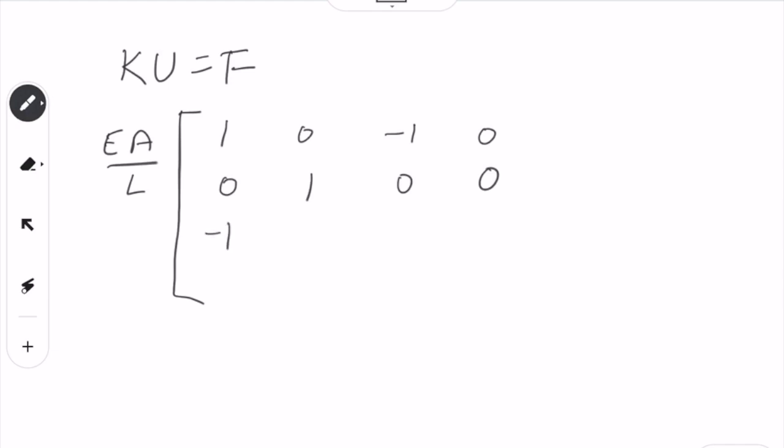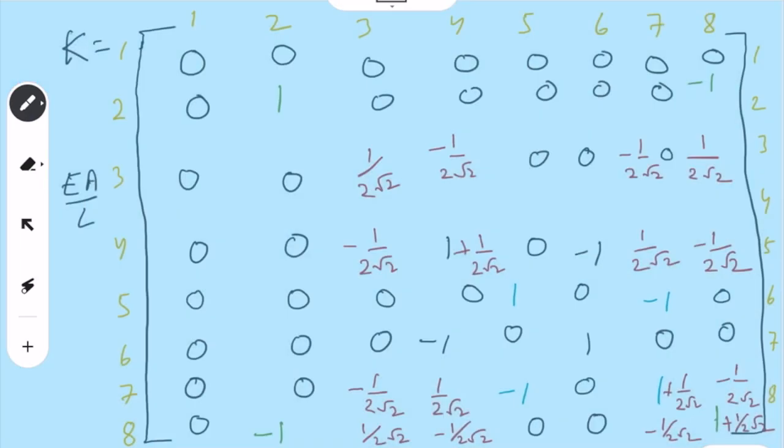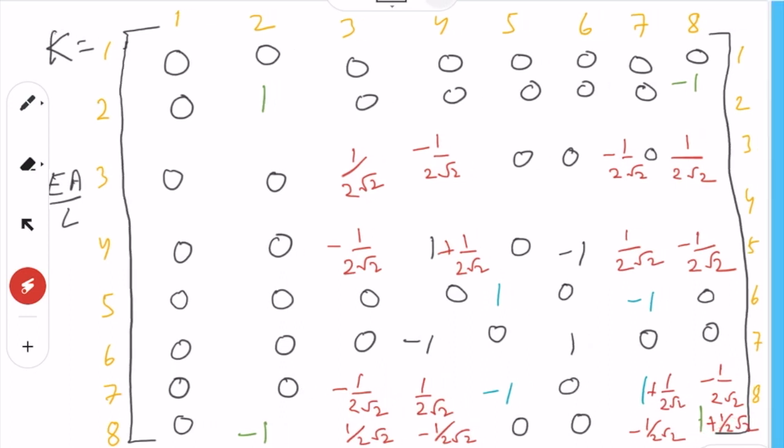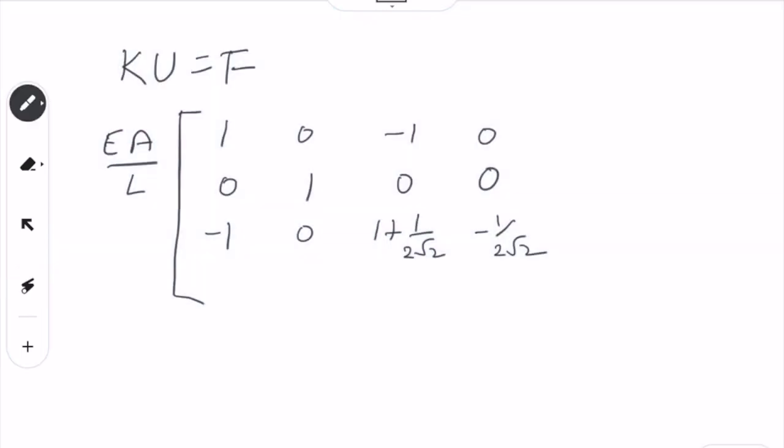And then we have 0 0 minus 1 over 2 root 2, 1 plus 1 over 2 root 2.